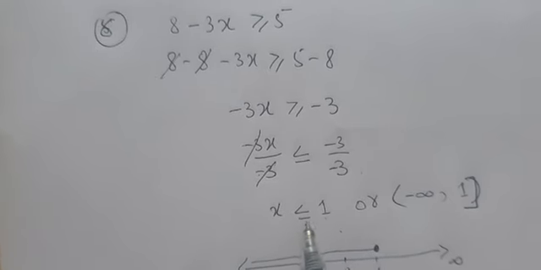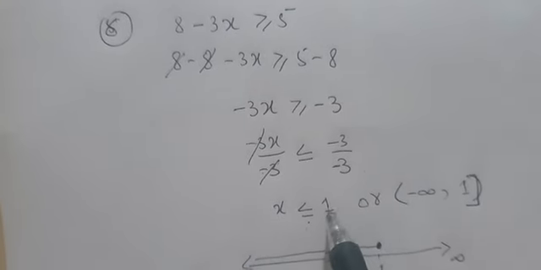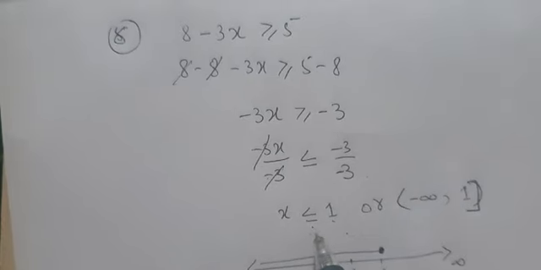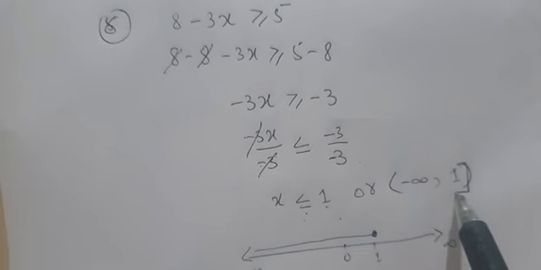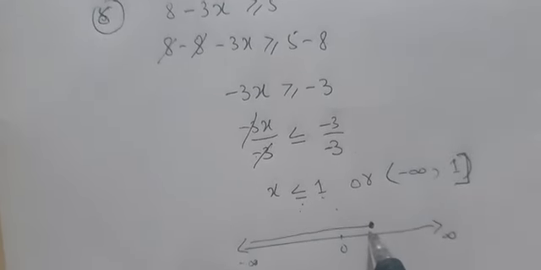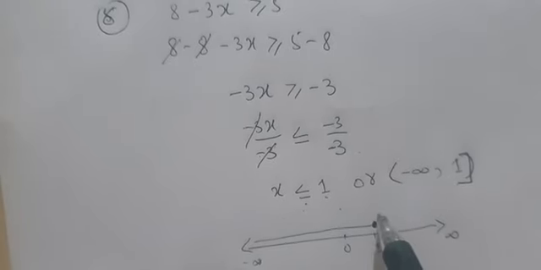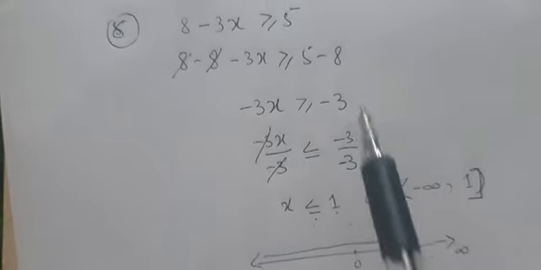So it is understood that this 1 must be included in the solution of the inequality, and here we will use a closed interval and a filled circle, since 1 itself is included in the solution of this inequality.